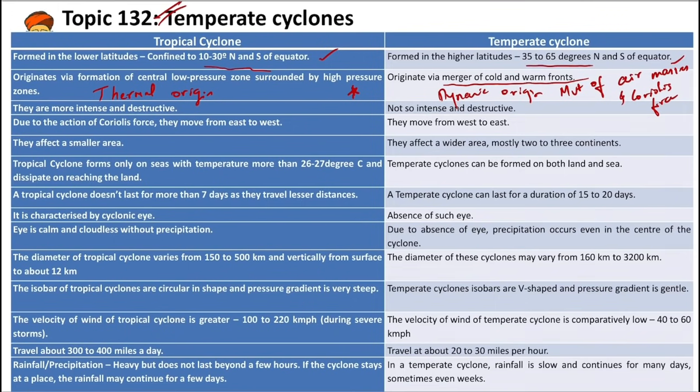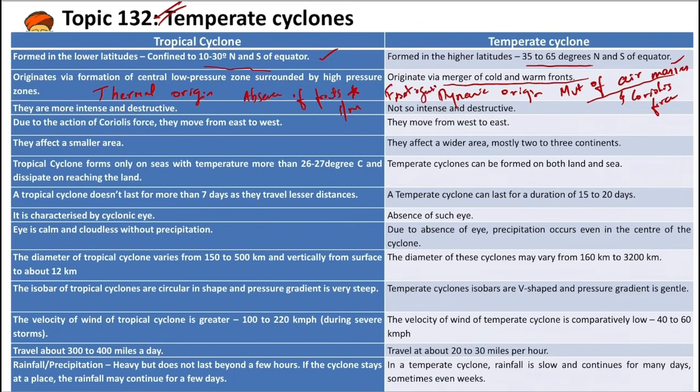The next important difference: here it is the movement of air masses, so it is due to frontogenesis. But in tropical cyclones, usually there is absence of what? Absence of fronts, right? So I can say the frontal system is absent, whereas a temperate cyclone is usually because of an occluded front, that is frontogenesis. So you can remember frontogenesis here as well.